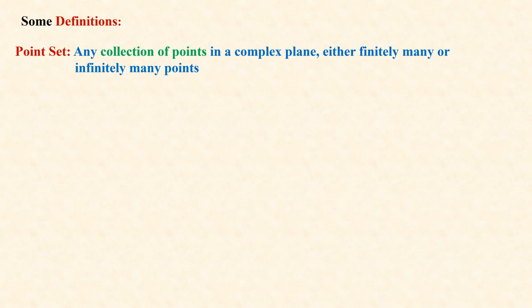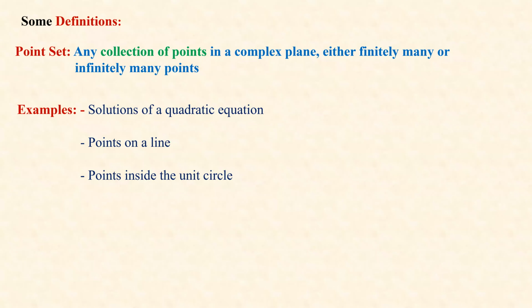All right, some more definitions. What do we mean by point set? A point set is any collection of points in the complex plane, either finitely many or infinitely many points. Examples are the solutions of a quadratic equation. In the complex plane, the solution of a quadratic equation is always 2 points, so this first example has only 2 points.